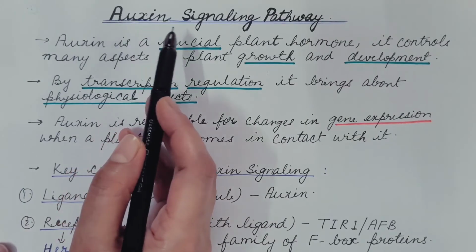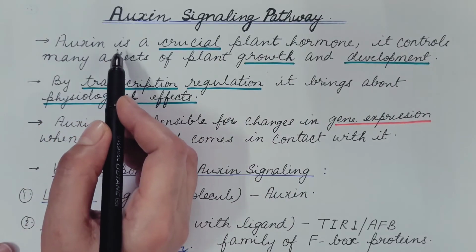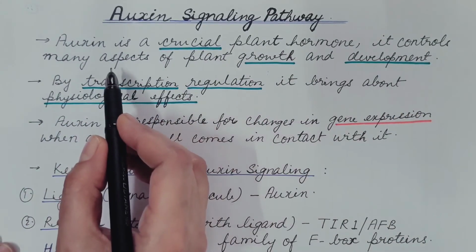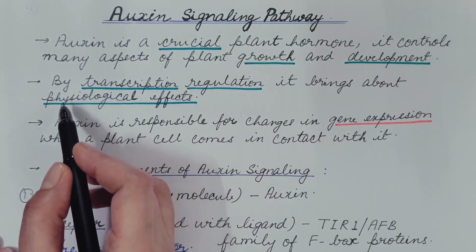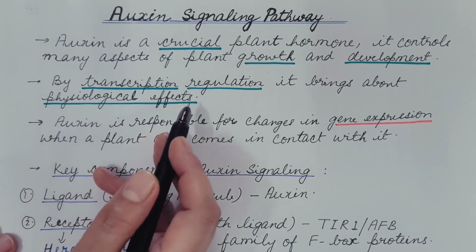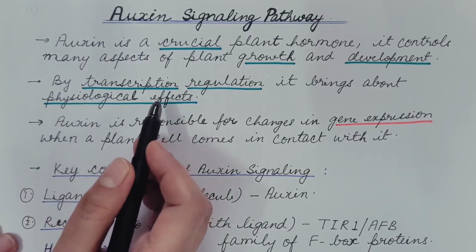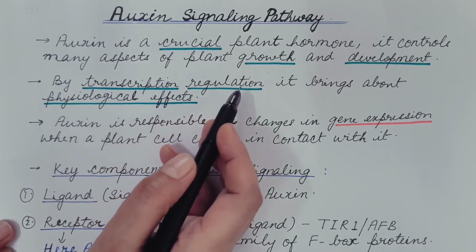Now let us discuss the auxin signaling pathway. We already know that auxin is a crucial plant hormone. It controls many aspects of plant growth and development, or in other words, it has many physiological effects. And these physiological effects are brought about by transcription regulation.